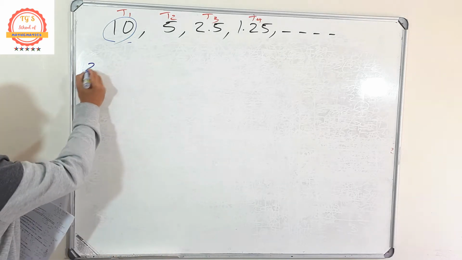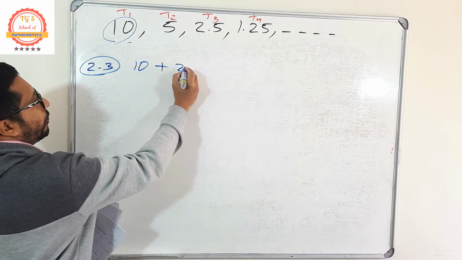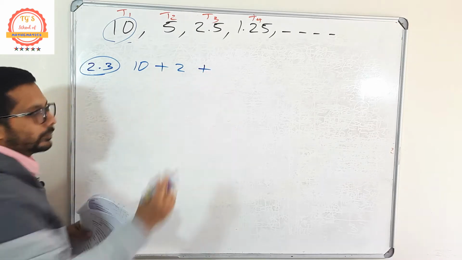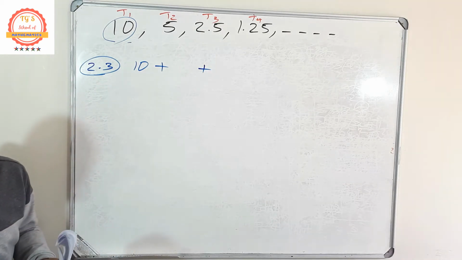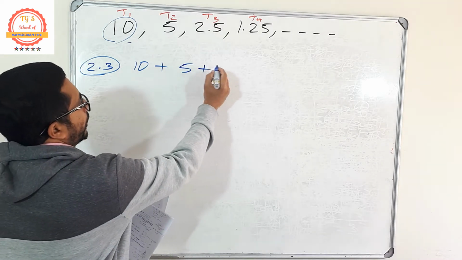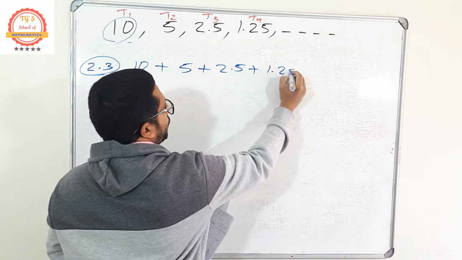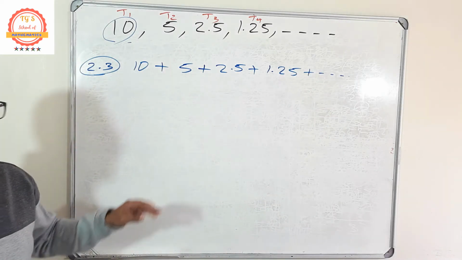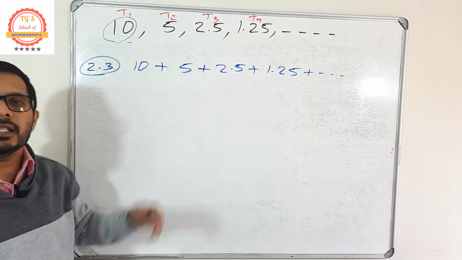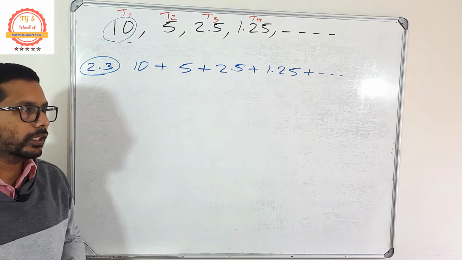If you write it as a series, that is 10 plus 5 plus 2.5 plus 1.25 plus etc. What is your explanation?